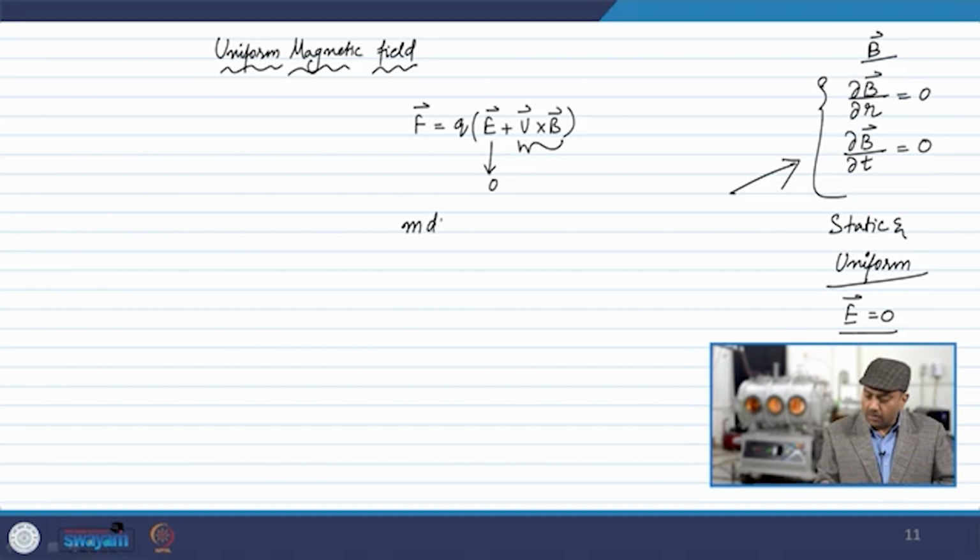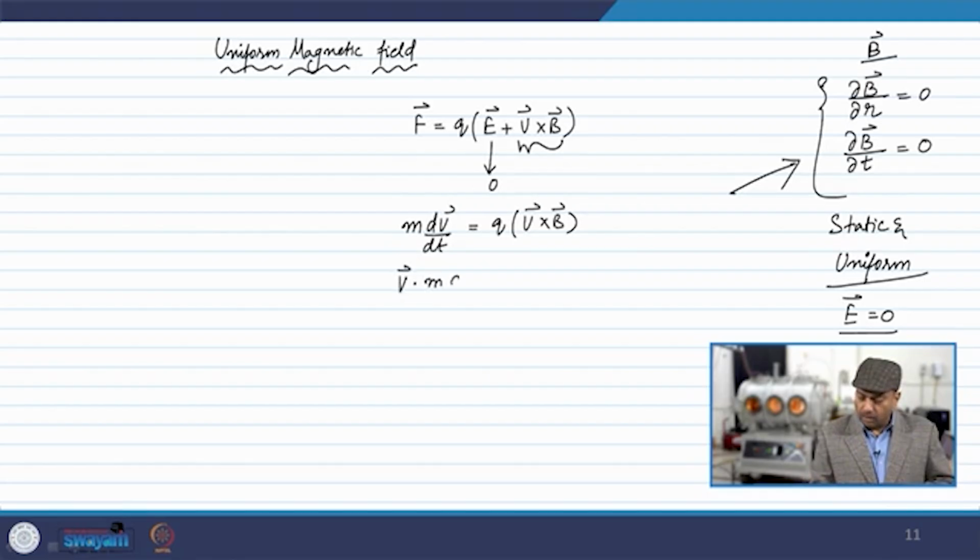So, we say m dv/dt, the force ma, is q times v cross B, and let us say we take a dot product with velocity from the left this time. So, we take v dot m dv/dt is v dot q times (v cross B).